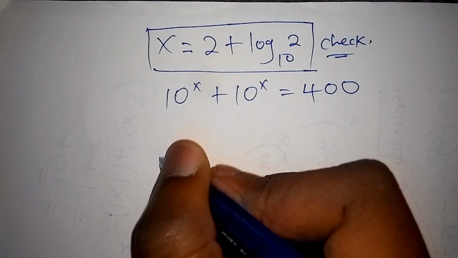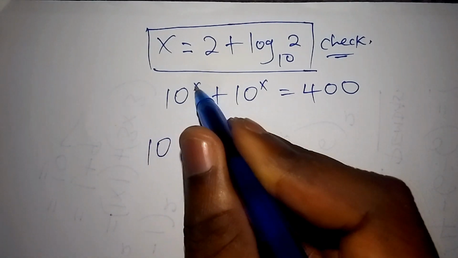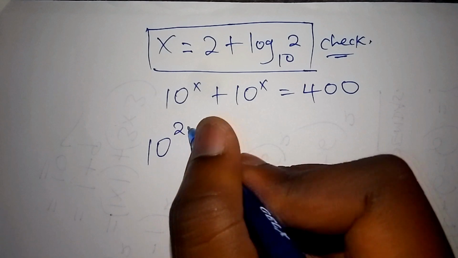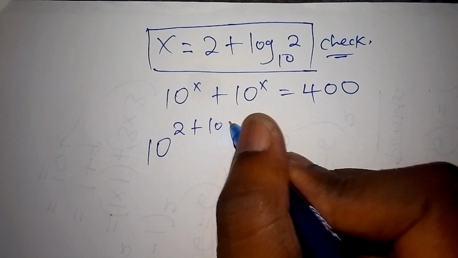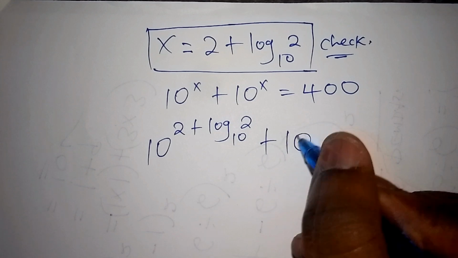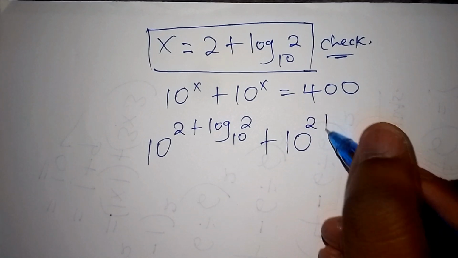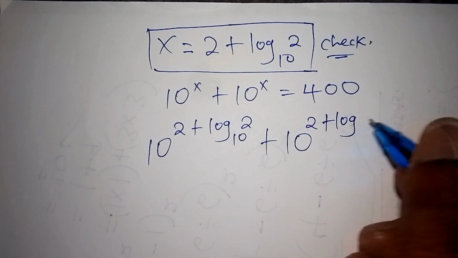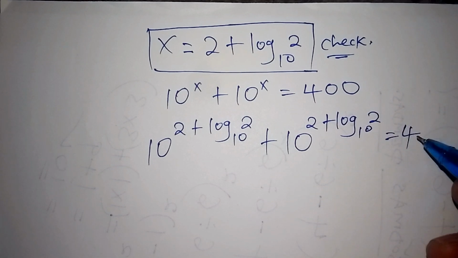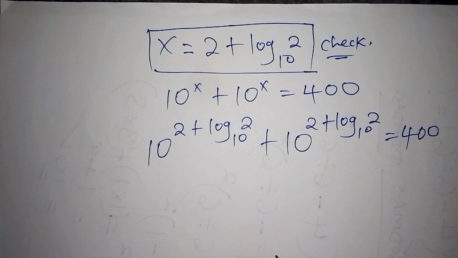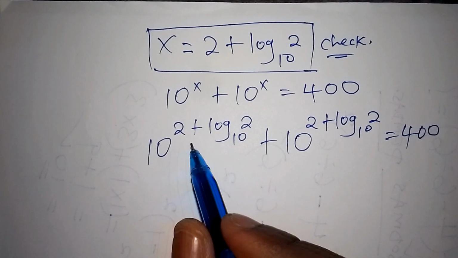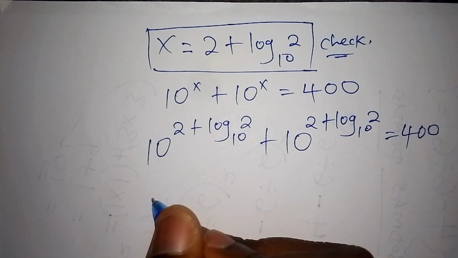So where we have x we put 2 plus the log of 2 to base 10, so 10 to the power of 2 plus log 2 to base 10, also plus again 10 to the power of 2 plus log 2 to base 10 should be equal to 400. In this case, 10 to the power of 2 is 10 multiplied by 10, so here we shall have 100.